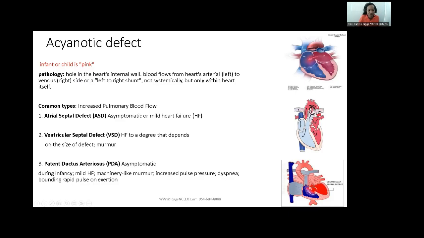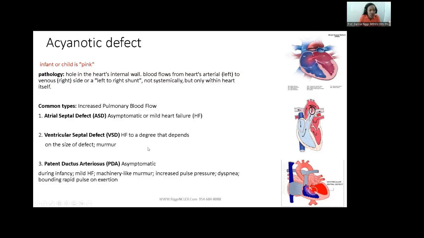So right here underneath the aorta, there's a hole. Now this is normal in every child. But when the baby's born and they cry, wah, right? They take their first deep breath. This shunt is supposed to close. So with these babies, it does not, okay?